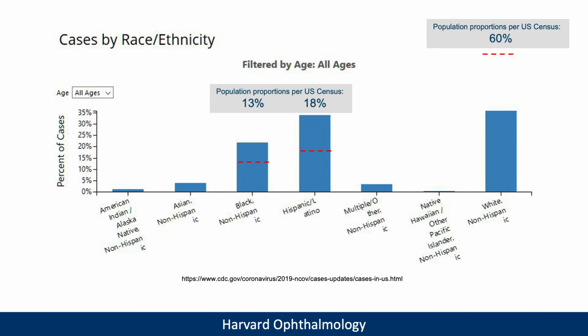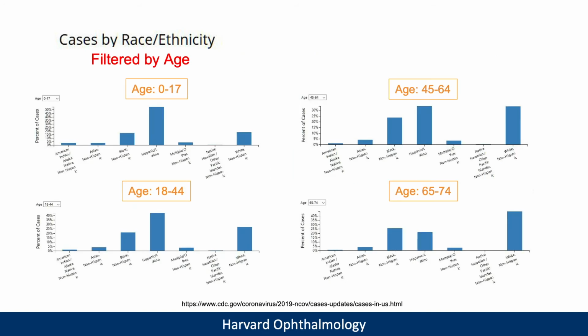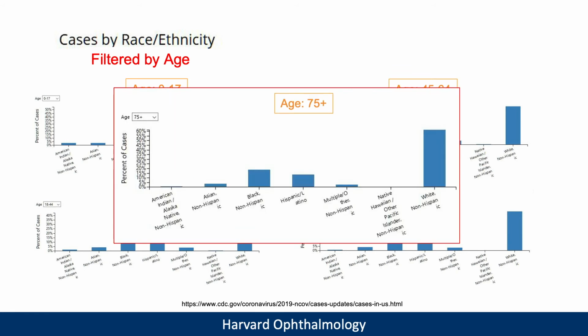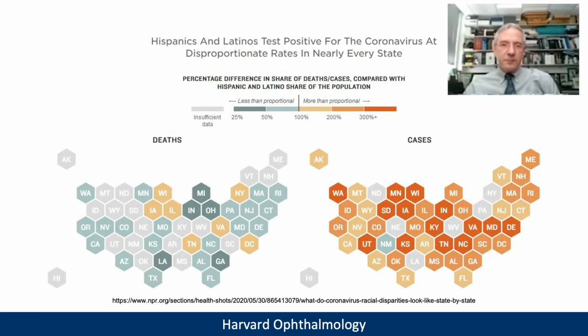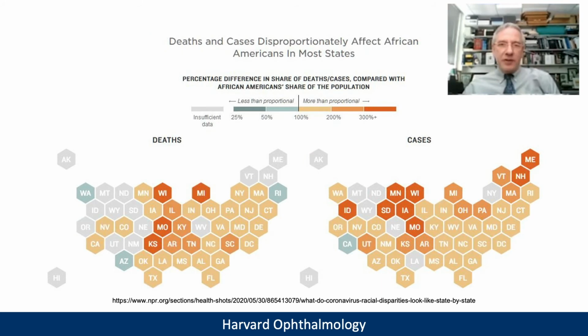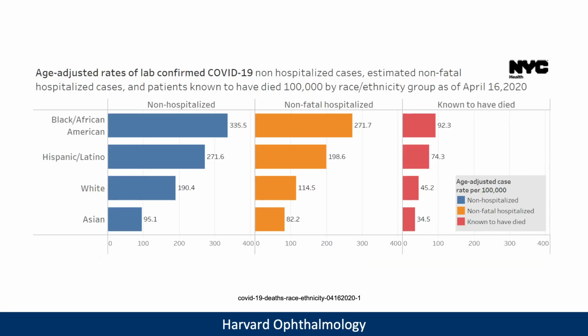And in white Americans, the population proportion is about 60%, yet only about 30% of white Americans have been affected by the disease. And this is true across all age groups except the 75 and older, where the proportions approximate the population proportion, probably due to the outbreaks in assisted care centers and nursing homes. This disease across states has affected Hispanic and Latinos and Black Americans at disproportionate rates.